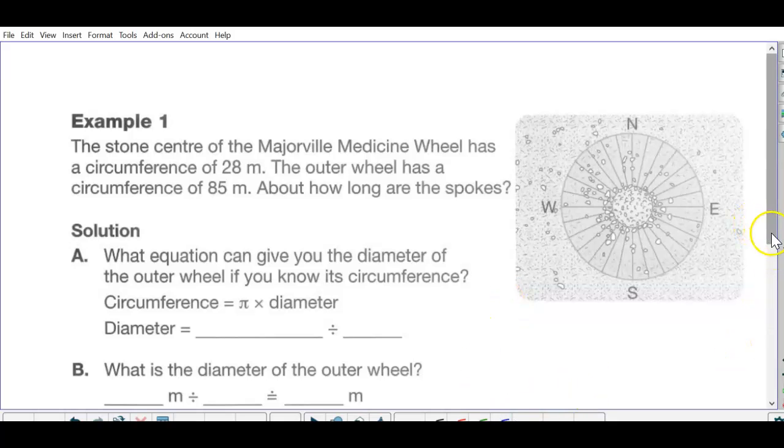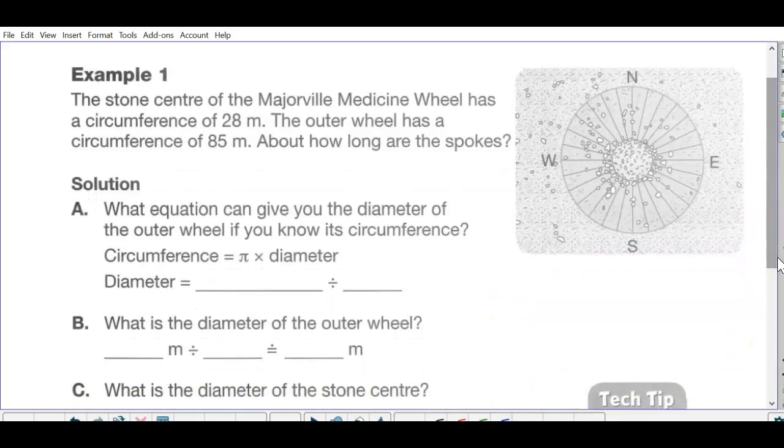The stone center of the Majorville medicine wheel has a circumference of 28 meters. The outer wheel has a circumference of 85. About how long are the spokes? So you've got to think about this. Notice where the spokes are here.